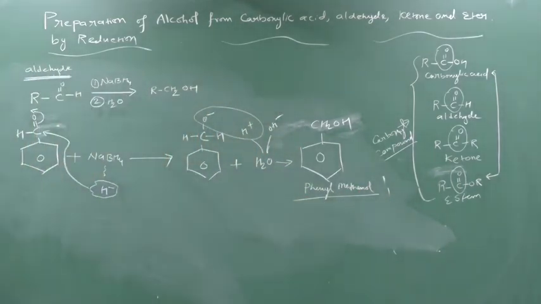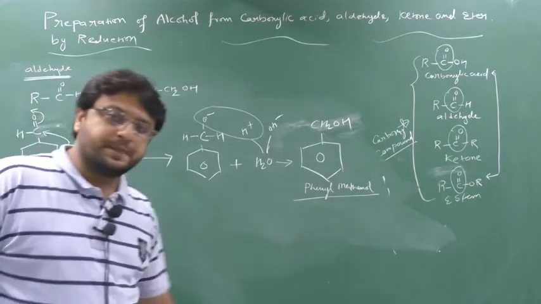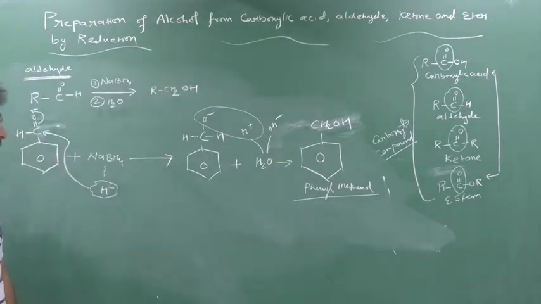Clear? Clear this part? Okay? So you can remember in this way. So these are the examples of aldehyde. Take a screenshot. Okay? So next we will go with ketone.